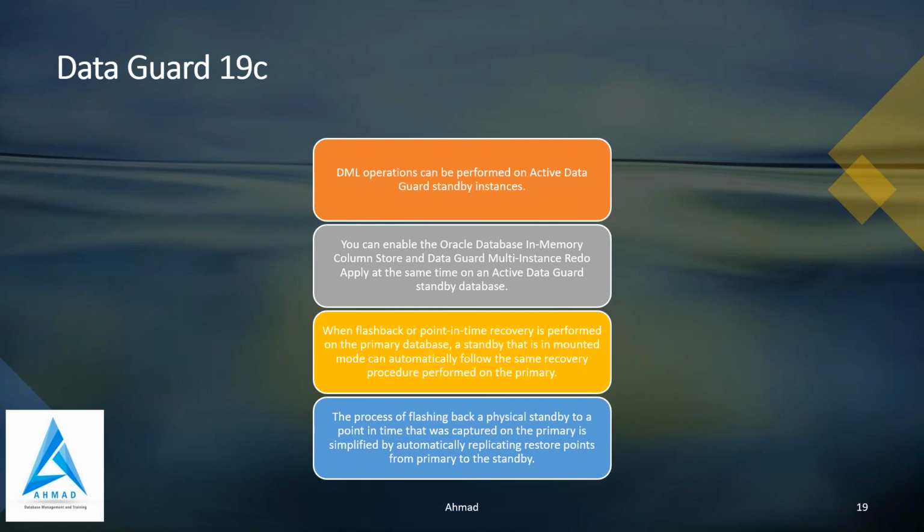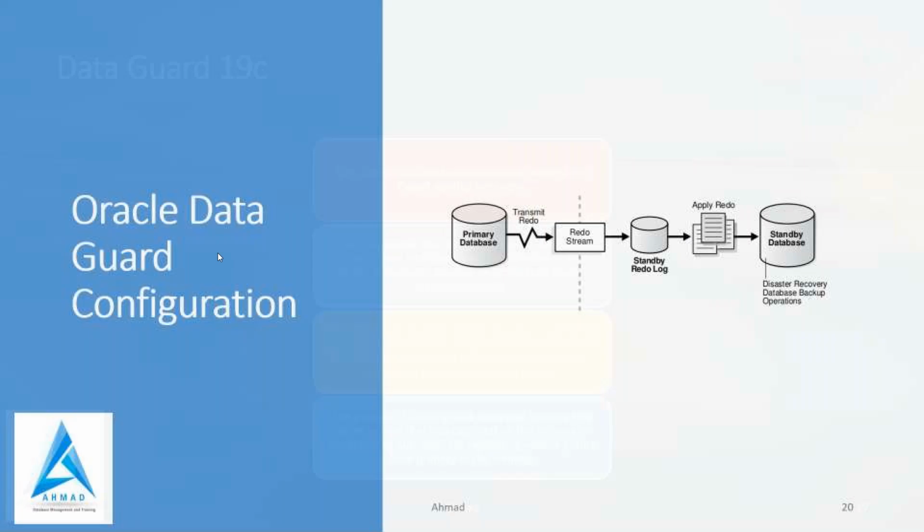So this is the evolution from 7.3 to 19C, and in 20C nothing has been done. I have checked the documentation, so nothing was introduced in 20C, and that's why I didn't add it in my slide. Okay, so this is the thing about evolution.